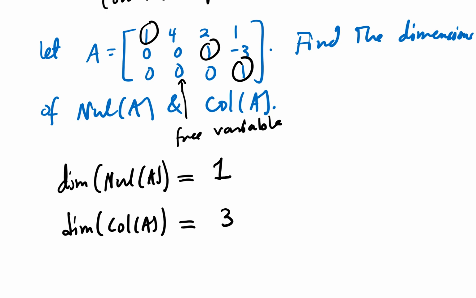So just a quick side note, if you add them up here, 1 plus 3 you get 4, that's the total number of vectors, as you can see in the given matrix here. So any questions about this one?